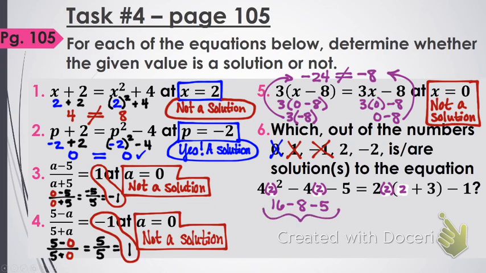How does that simplify then? 3. Over on the right-hand side, what do I have? 4 times 5 minus 1. 4 times 5 is 20, so I get 19 over here. Does that one work as a solution? No.